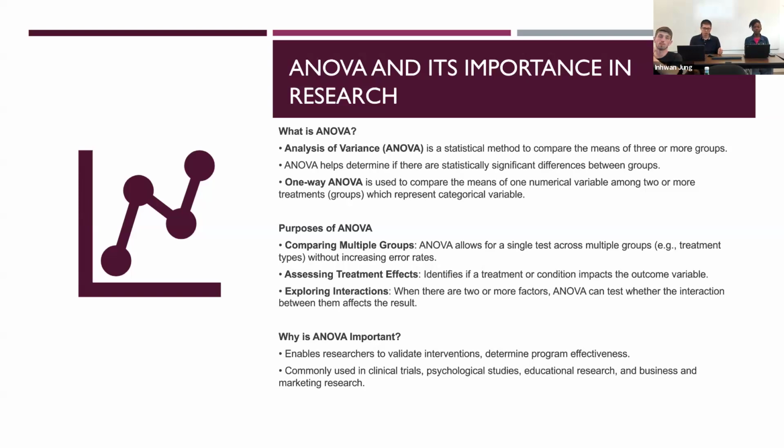ANOVA is very useful when comparing multiple groups, and when checking the effect of the factor on the dependent variable. Additionally, if we have more factors, 2 or 3 factors, ANOVA can identify the interactions among the factors.